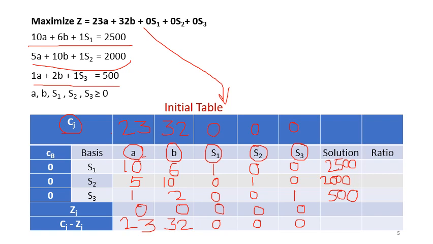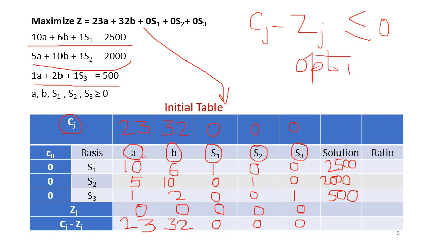Now in this particular table, you can see again it's a maximization problem. So your optimality is reached only when Cj minus Zj values are less than or equal to 0. Only then can you say any maximization problem will be optimal.